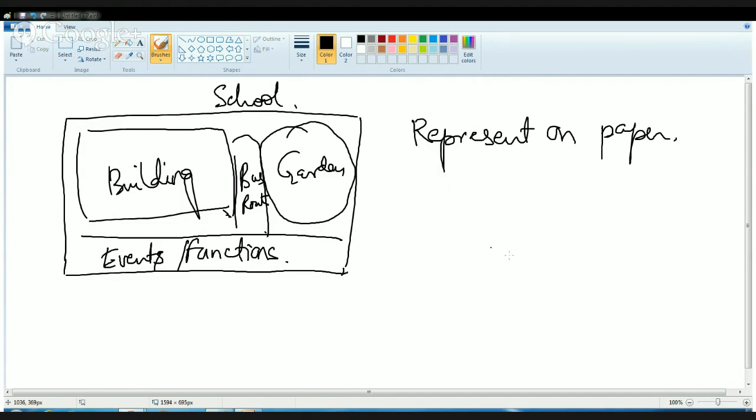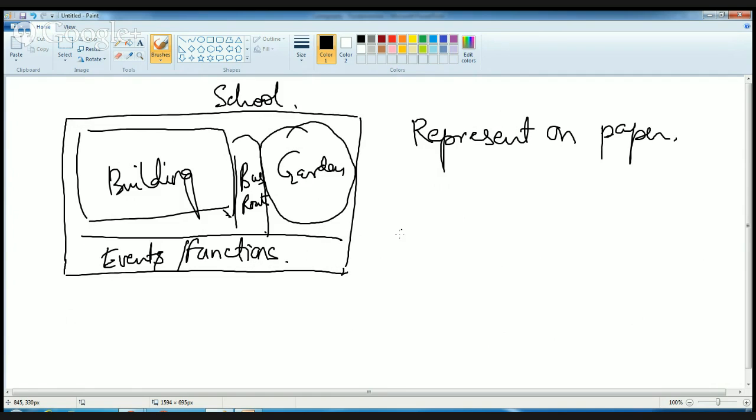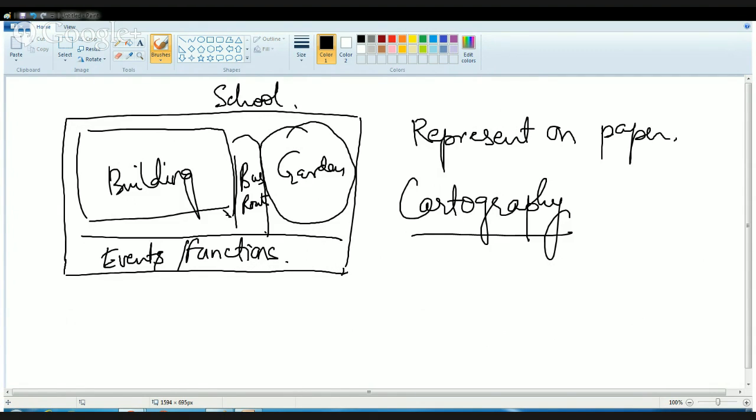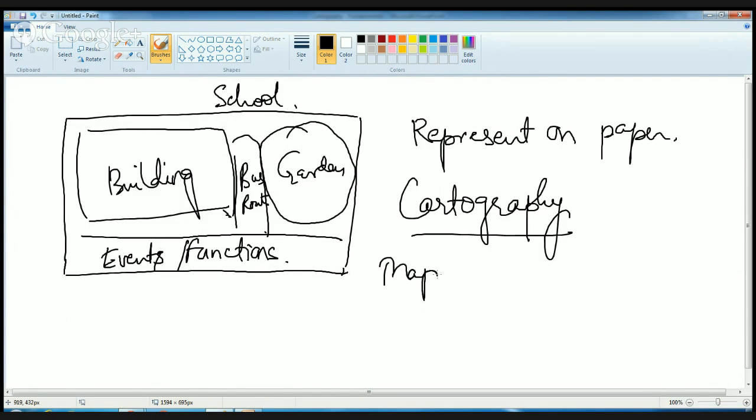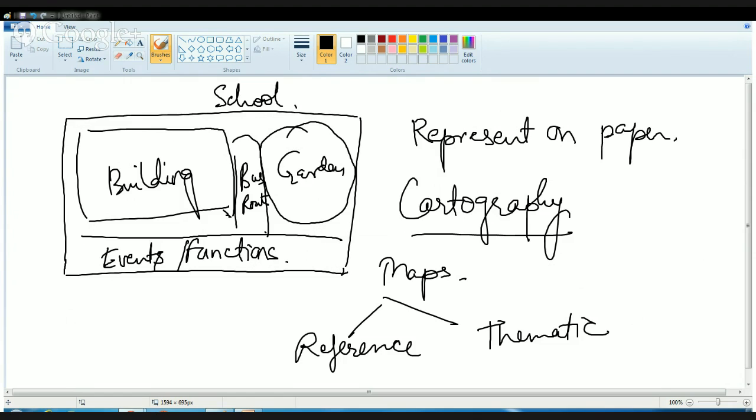So this is known as a map, and the art of map making is known as cartography. A lot of students think, oh, cartography, what's this? How will I read this? But cartography, to be very simple, is the simple art of map making. Now, maps can be broadly defined into two categories. First is the reference map, and next is the thematic map. Now, what's the difference between a reference map and a thematic map?